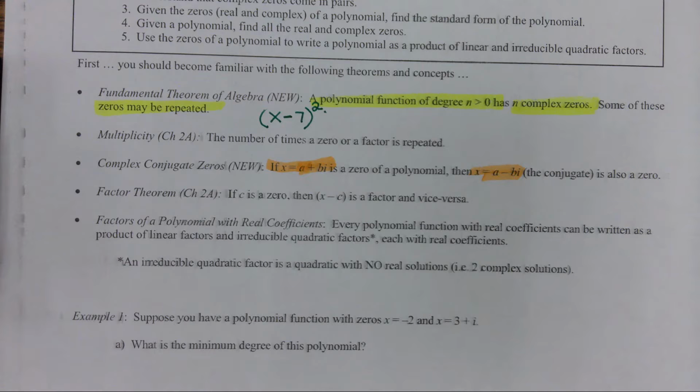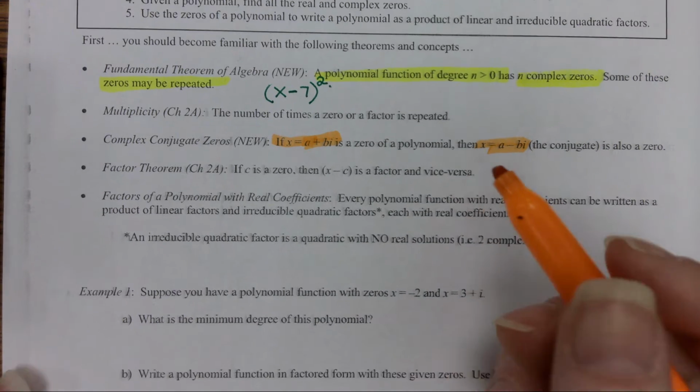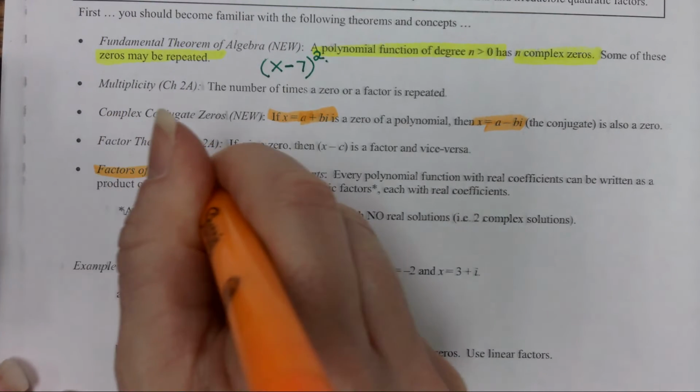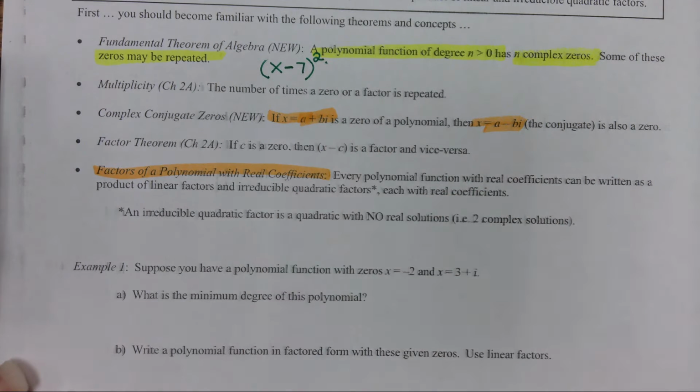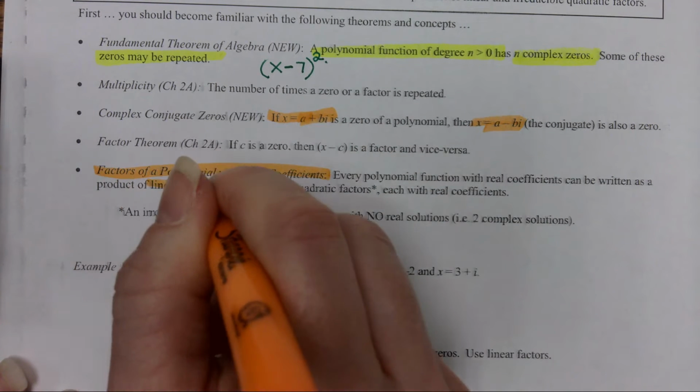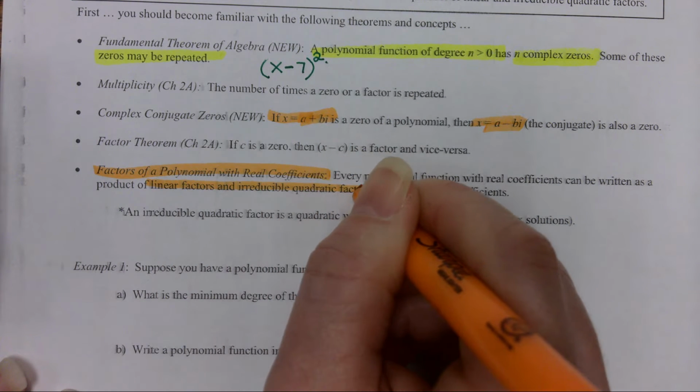Today we're going to factor again, and we're going to stop when we don't have any real ones left. When we stop and they only have real coefficients, what you're going to get is linear and an irreducible quadratic. And you might be like, I don't know what that means.